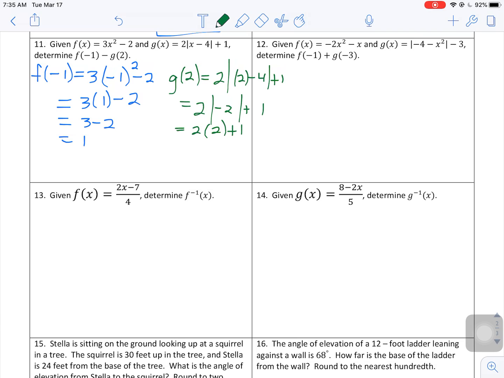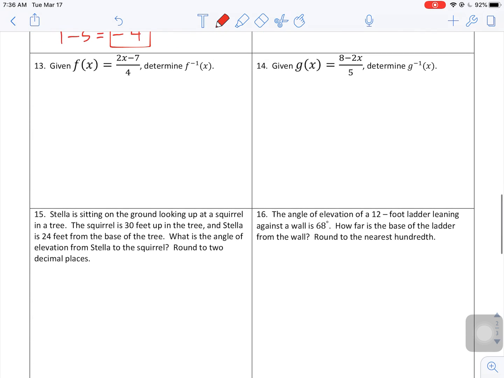And the absolute value bars turn into parentheses. And then 2 times 2 is 4. 4 plus 1 is 5. Now at the very end, don't forget to answer the question. It was f of -1 minus g of 2. So basically I have 1 minus 5, which is -4 for our final answer. Pause the video and try 12.